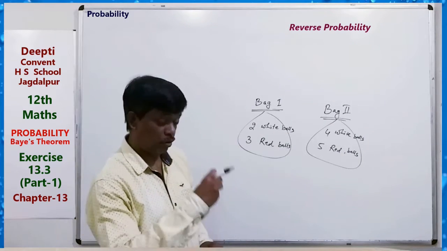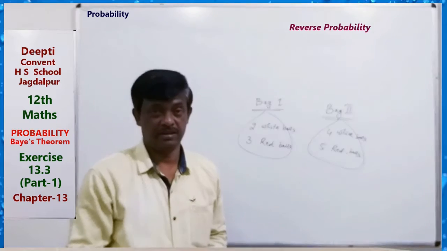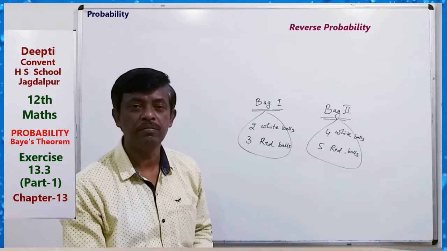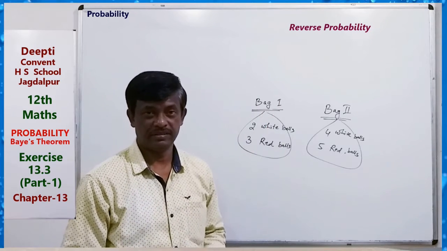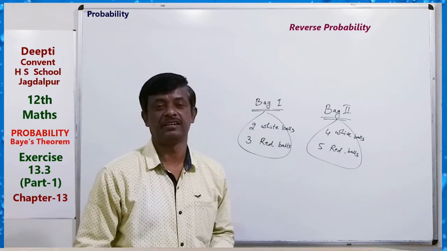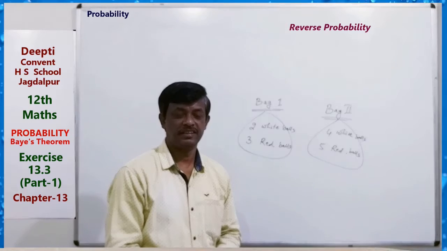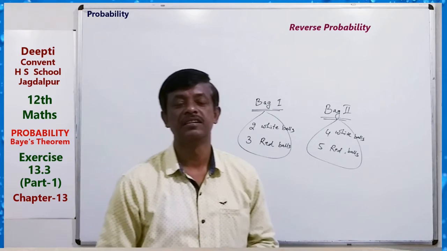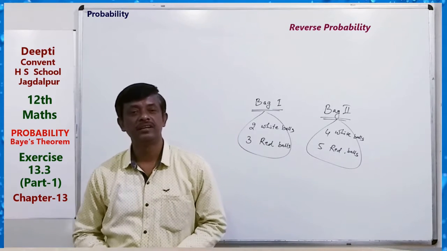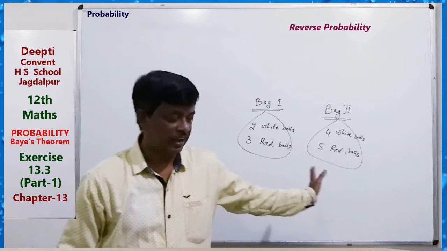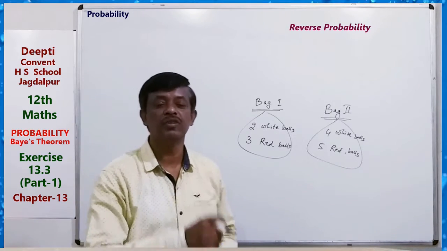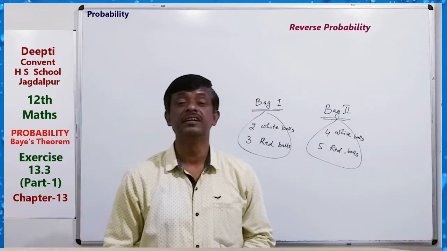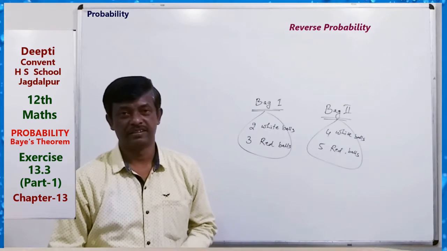But here the drawn ball is red, and we ask the probability that it came from the second bag or the first bag. This is reverse probability. It can be found using conditional probability, and Bayes introduced a formula for finding the reverse probability of an event.